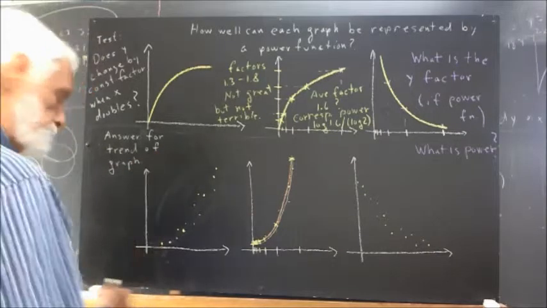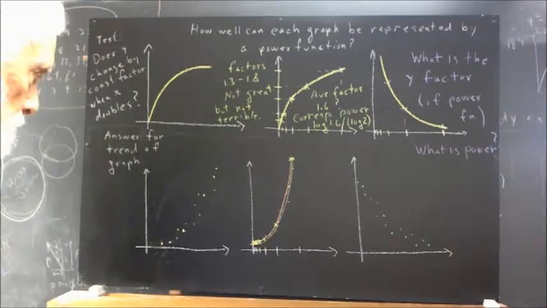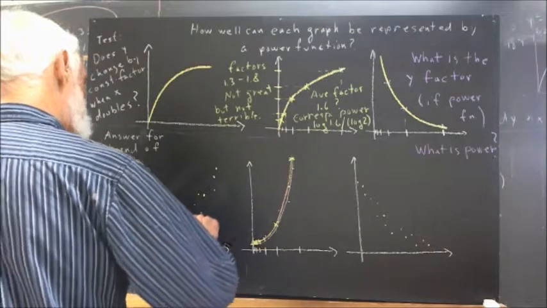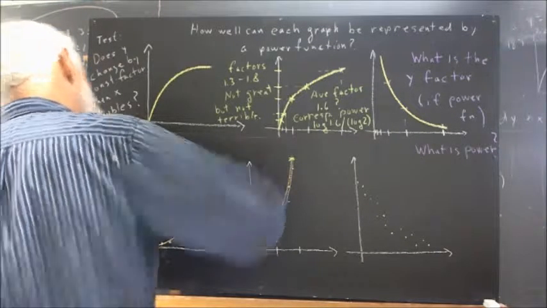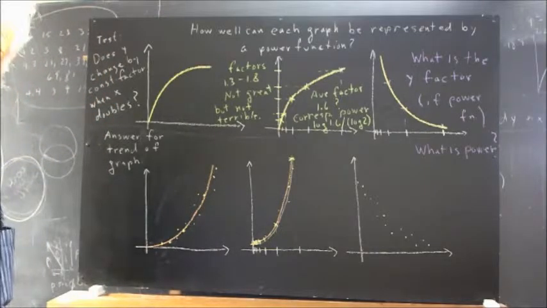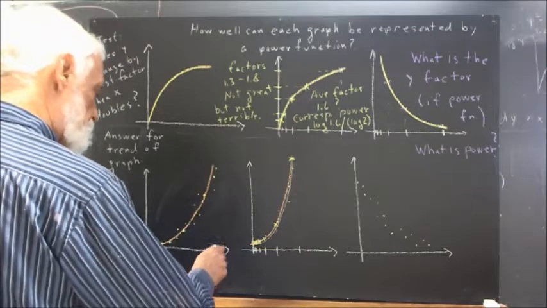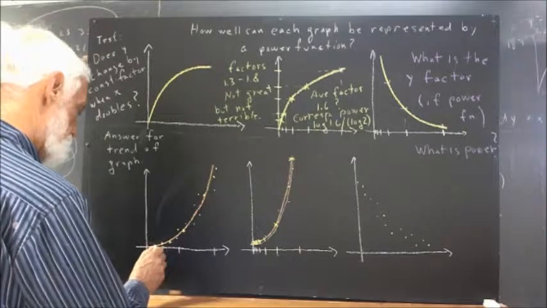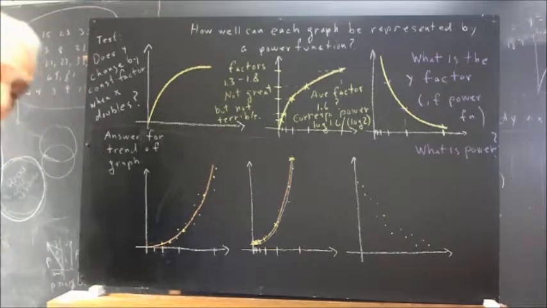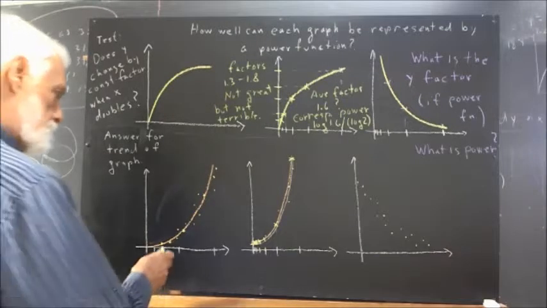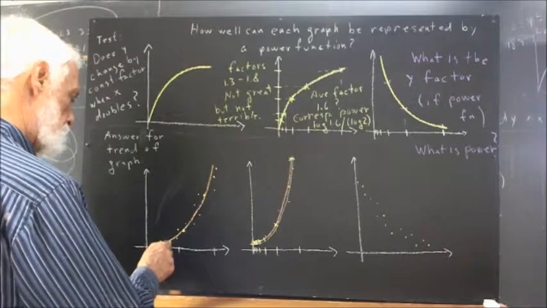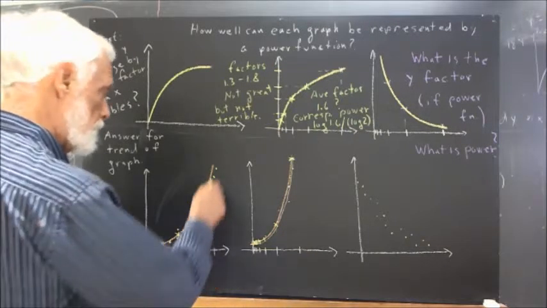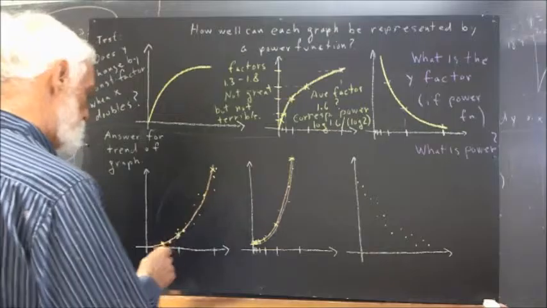Here, the curve, and let me attempt to sketch a reasonable curve and sketch some doubling x values by having some value. And let's just look at this point on the graph, on the curve, this point, and this point.